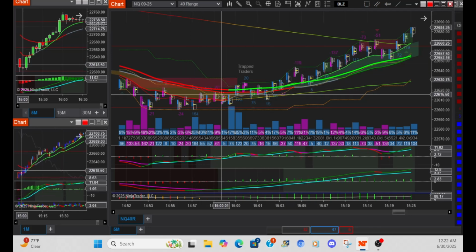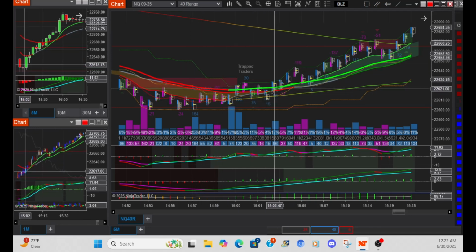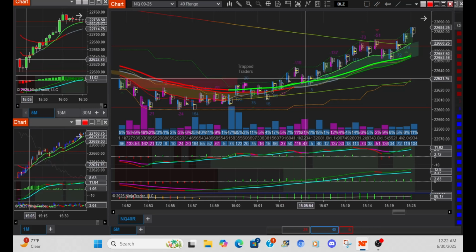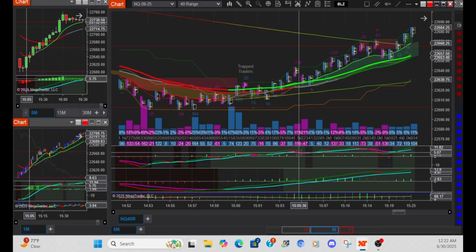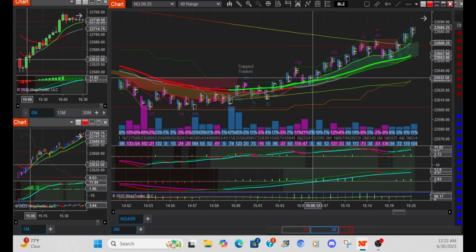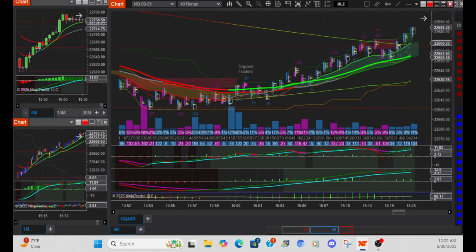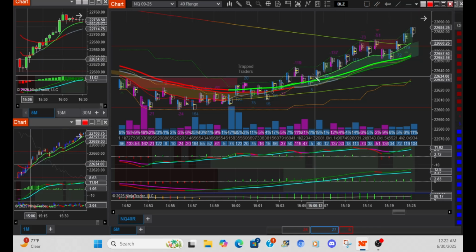If we look, we had a bit of a range here. Pulled out, pulled back in, right above this here, pulled in under, we're going, and that's a good trade. Now I'm just showing you the 40 because that's typically what you're looking for on the 40 when it's crossing over.